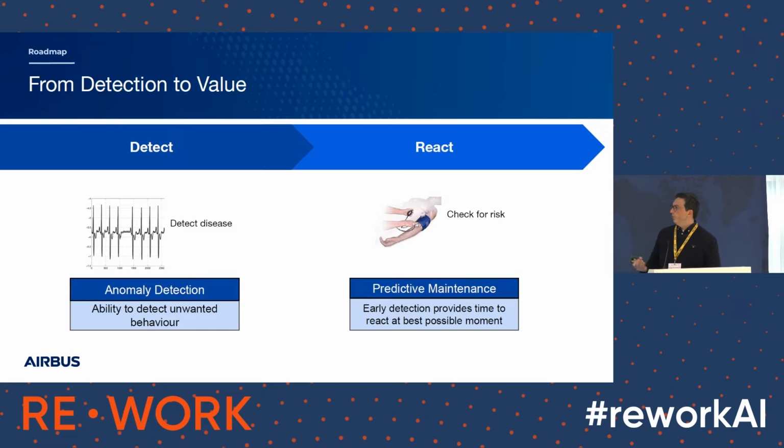This is usually called predictive maintenance. People are not maintaining in regular intervals and not when something is broken, but anticipating it. Very important, obviously, for many use cases in manufacturing, in systems, and so on.